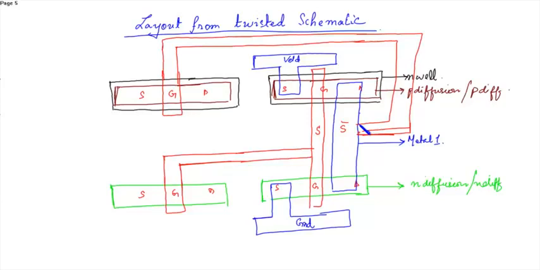You can see this region where there is poly and there is metal. So now this region needs a contact, that is the poly contact, and the poly contact is purple in color.